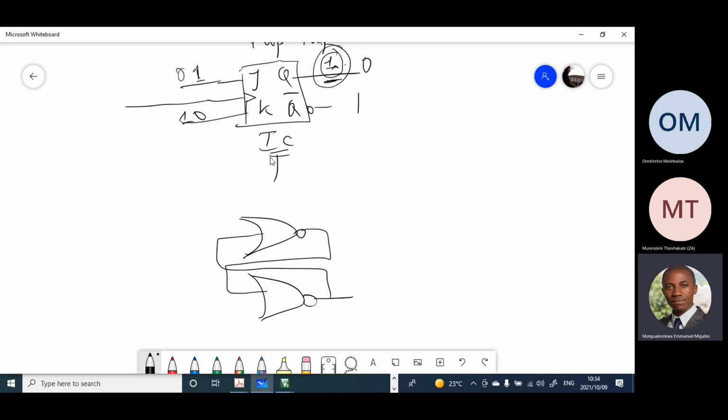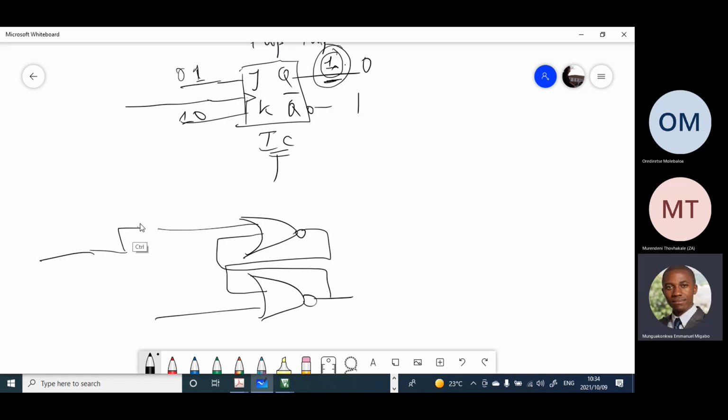Because combinations of logic gates with no feedback, meaning nothing taken from the output back to the input, are just what we call combinational logic circuits. They're not memory circuits. They become memory circuits the moment we have feedback from the output to the input, and the moment we add a clock as a gate control, basically.